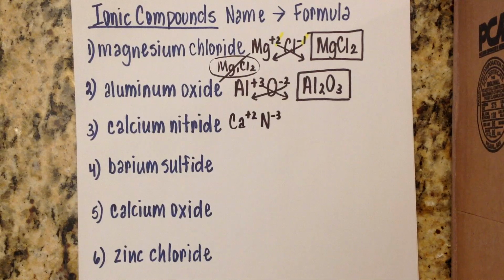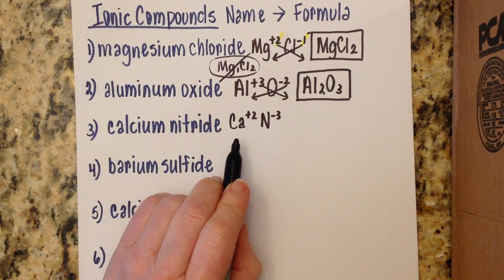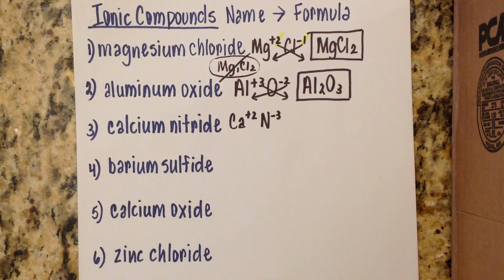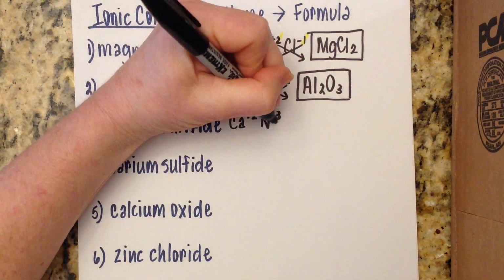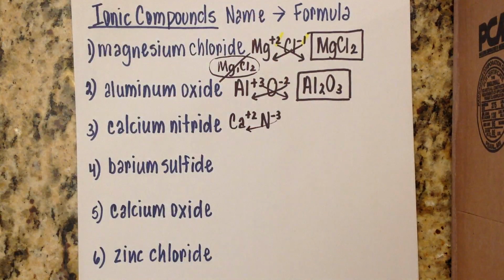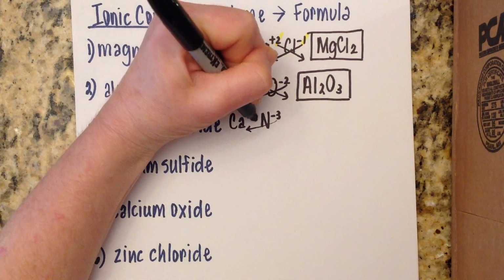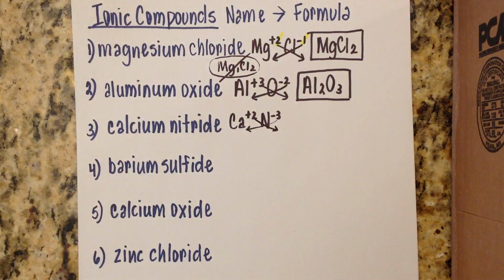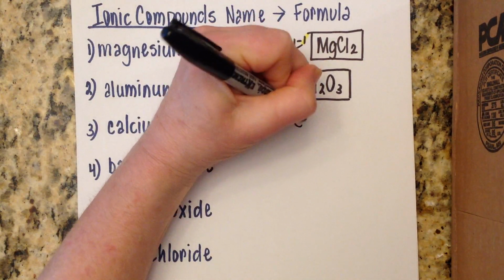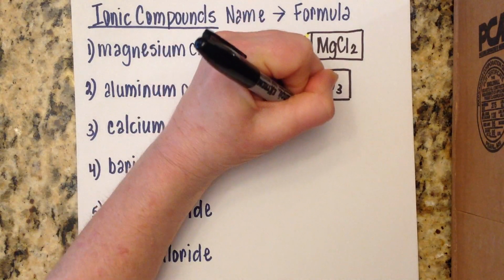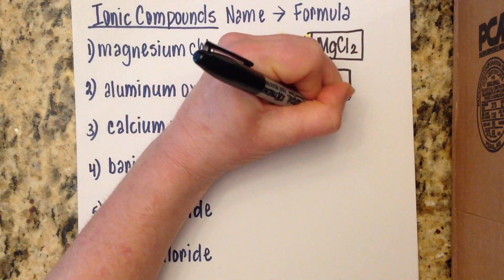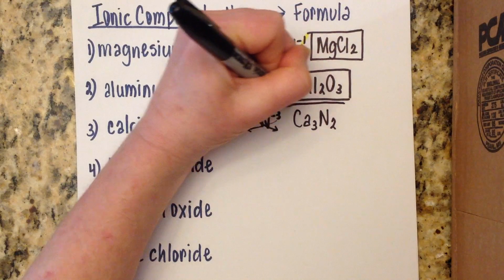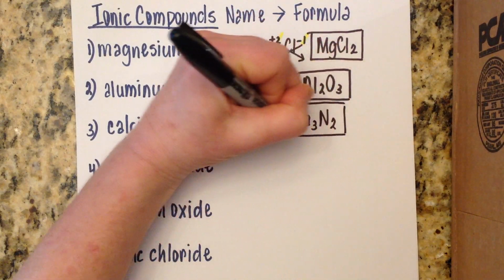Again, I want you to notice we are always writing the metal first and the non-metal second. Grab that 3, just plop it right there beside the calcium. Grab that 2, plop it beside the nitrogen, and we have Ca3N2. Boom. How cool is that? And it's so easy.